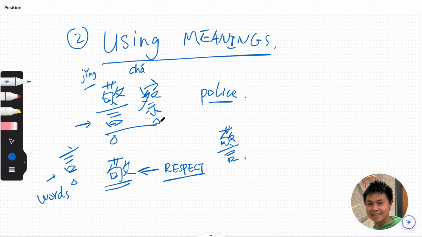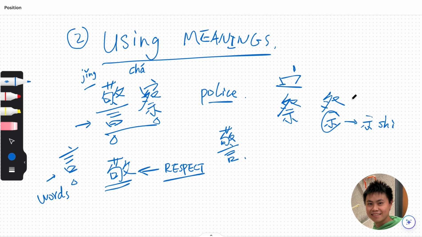And as for this part, the radical part is this. And under this is another character. When you don't have meanings to remember, just break it down. Like for this part, this is a single word.